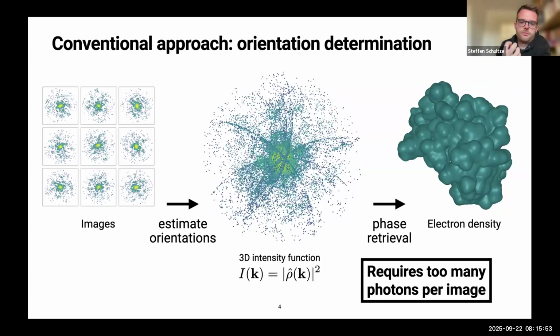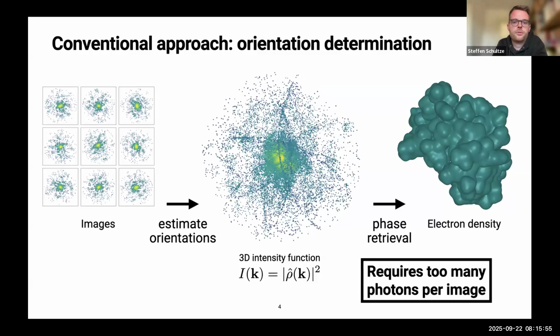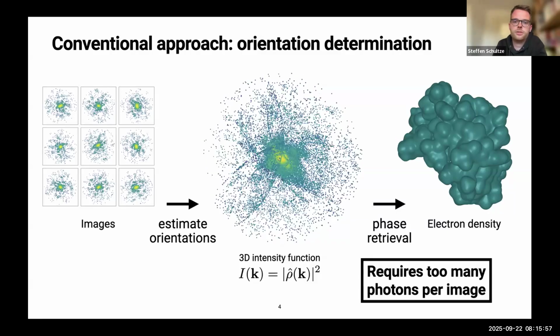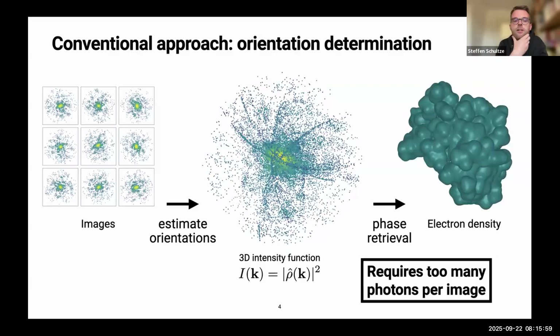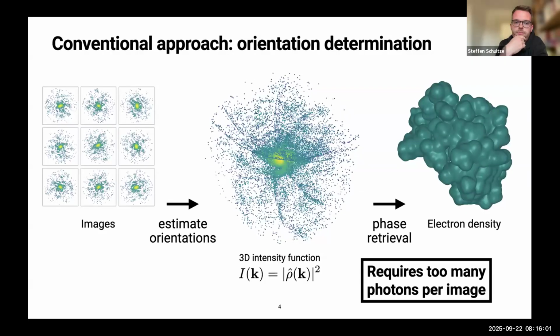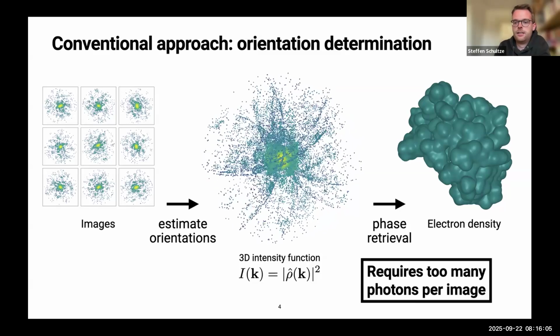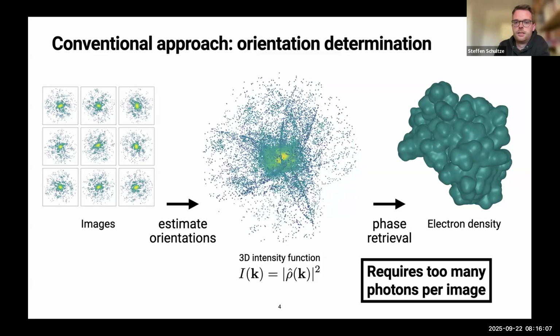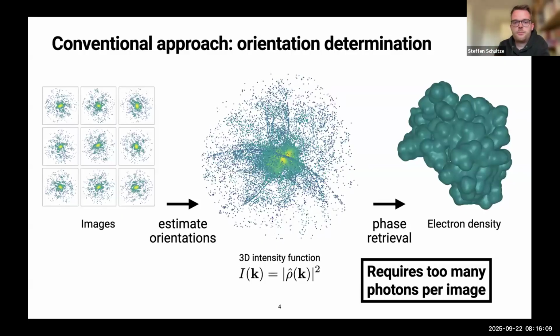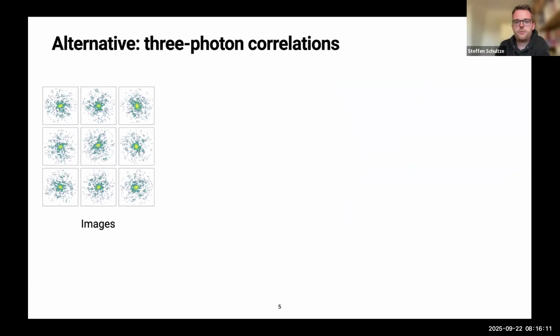The problem is that this requires way too many photons to be doable. Typically one says 1,000 per image, so at least 10 times more than are available. This is the vast majority of methods. There are some exceptions. I want to highlight one because it has been developed in the department I work in.